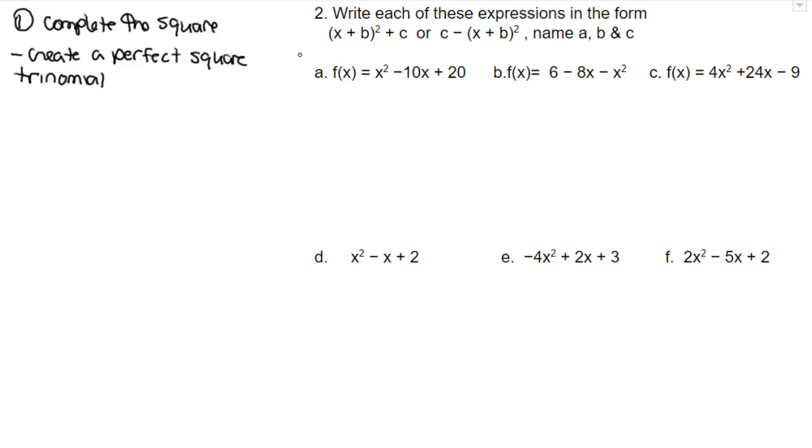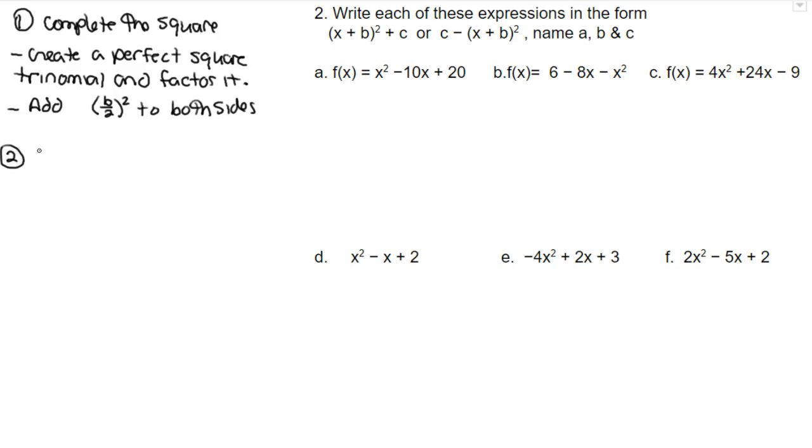By doing this, we're creating a perfect square trinomial. So like I said, the basic strategy is to create a perfect square trinomial and then factor it. We'll get the constant out of the way, then take the b term and divide it by 2 and square it, and then add that to both sides. In a nutshell, that's basically what's going on.